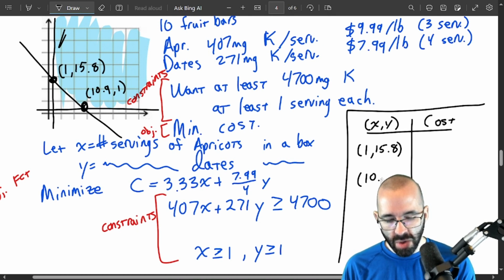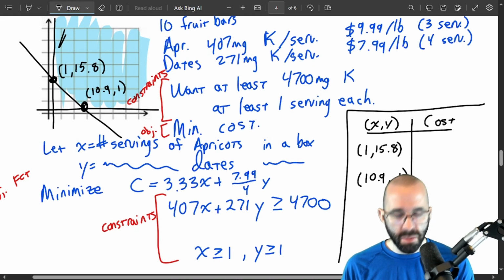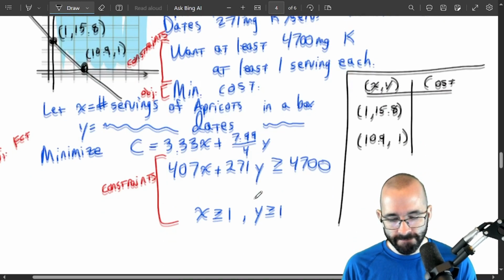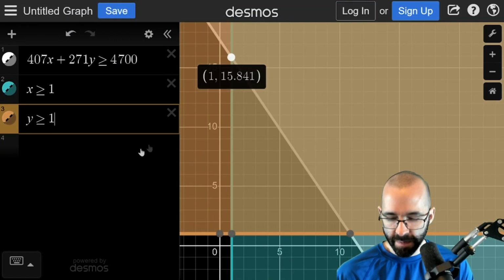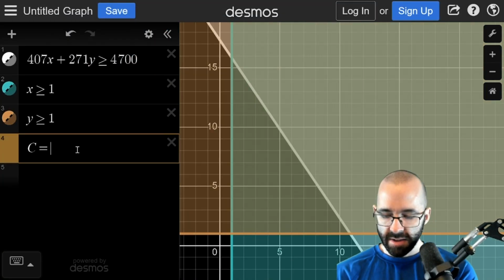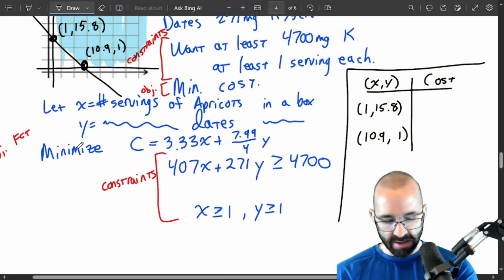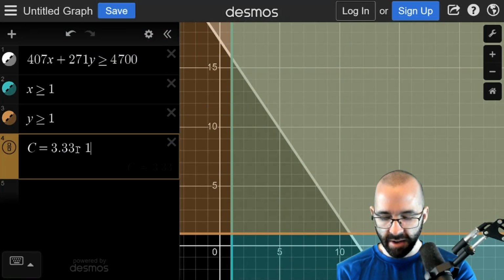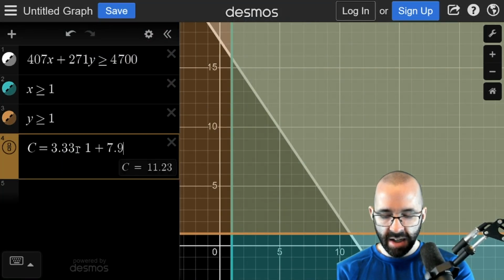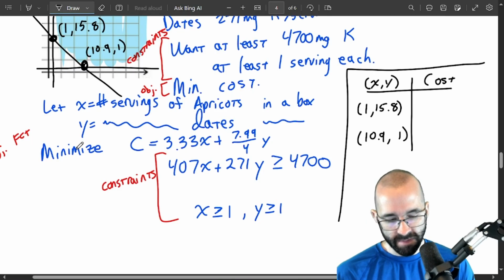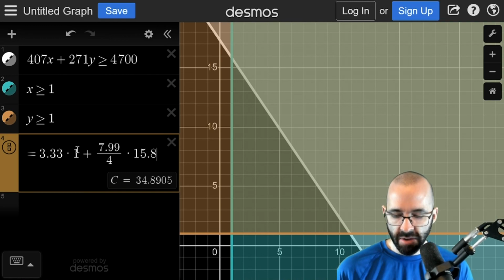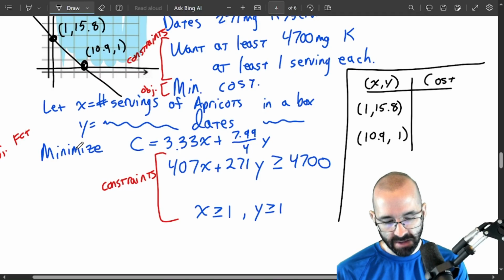Second one is 10.9 servings of apricots and 1 serving of dates. So we plug those into our cost function. I'm going to use Desmos for that too. Our cost is 3.33 times x, plus 7.99 divided by 4 times y. For the first one, x is 1 and y is 15.8. The first cost is $34.89.